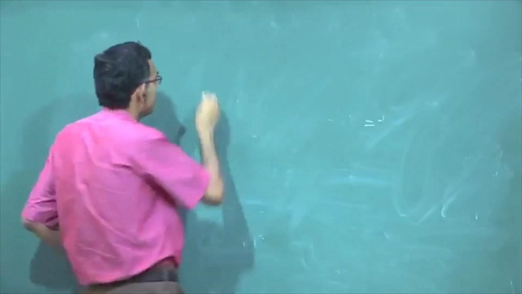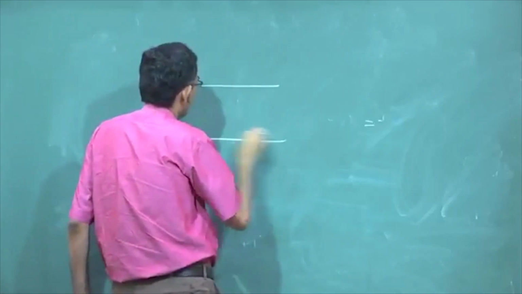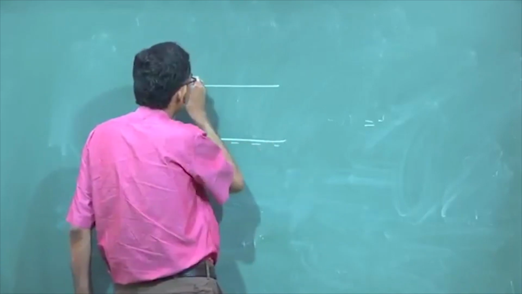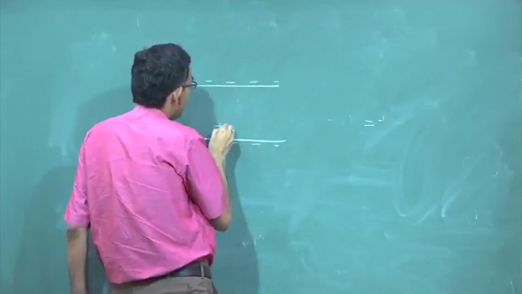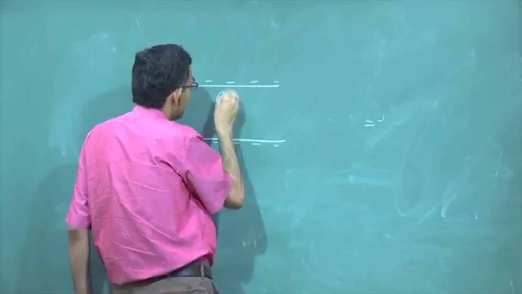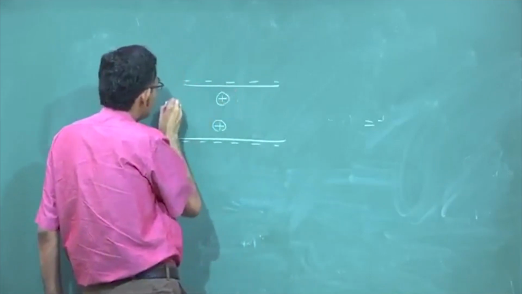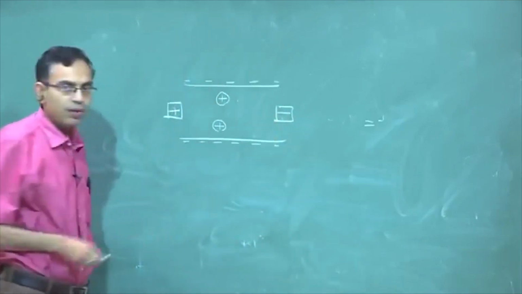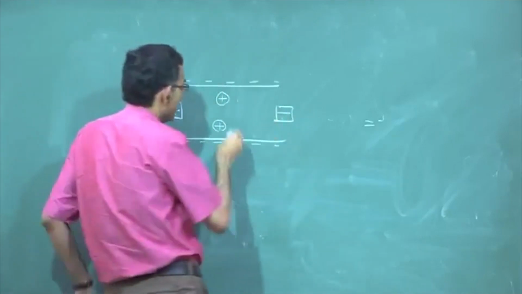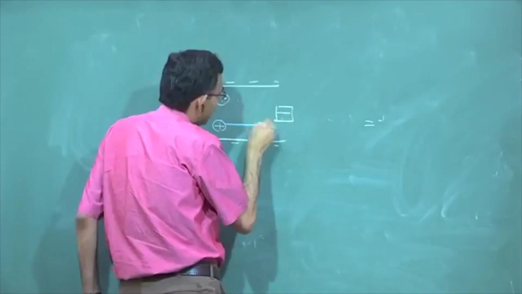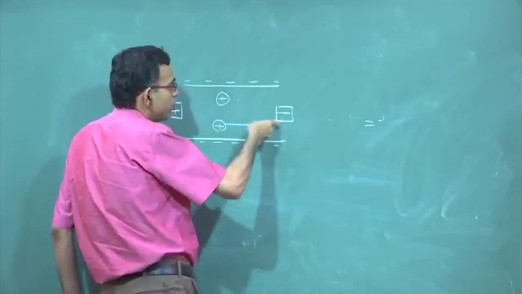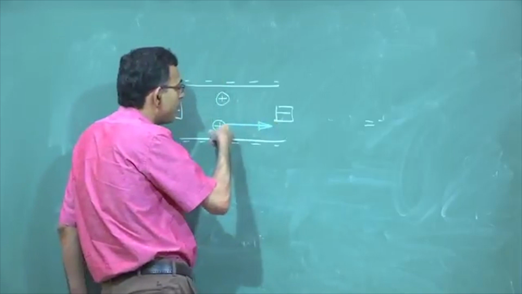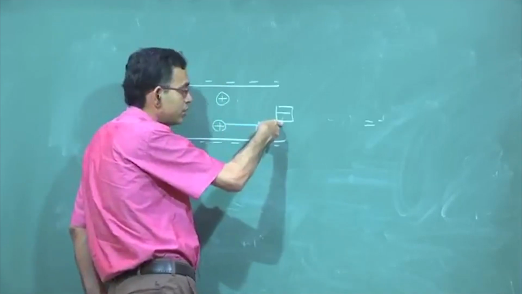Let us say that you have a channel with negative surface charge. So the bulk will have more positive charge, and then you apply a bias, here a positive bias and here a negative bias. When you apply this bias, the negative ions will be driven towards the positive electrode, and positive ions will be driven towards the negative electrode.